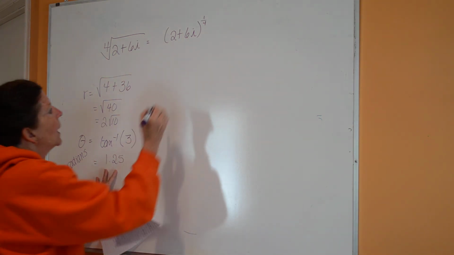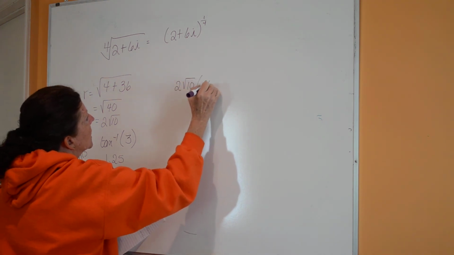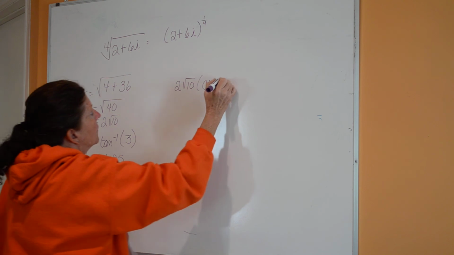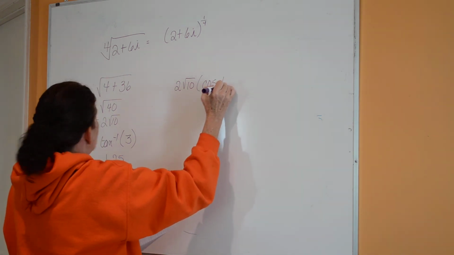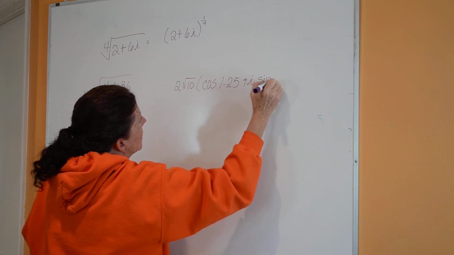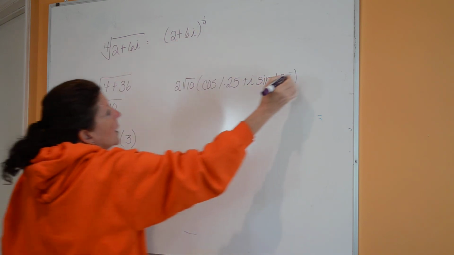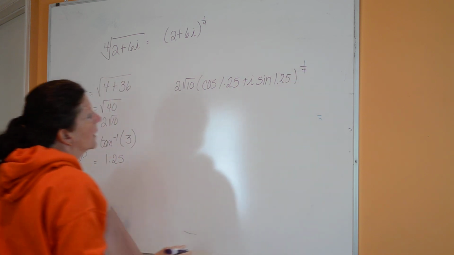All right, so rewriting this, I have 2 times the square root of 10 times the cosine of 1.25 plus i times the sine of 1.25. And then, of course, I'm going to put the power on it, so it's going to be the 1/4 there.